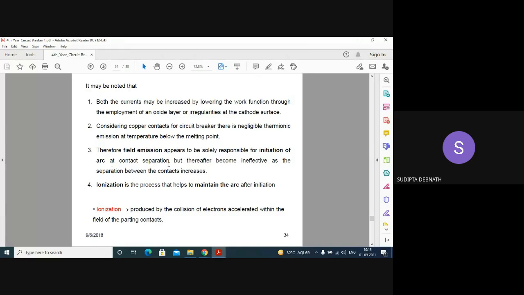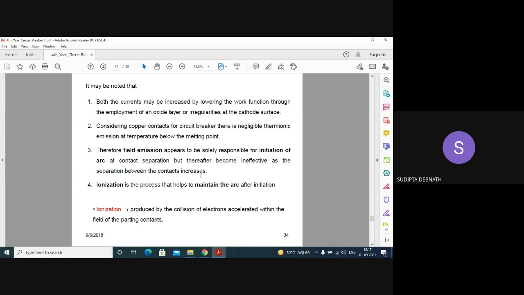So thermionic emission is also a cause, but not a major cause for creation of the arc. Field emission is the real cause. But thereafter it becomes ineffective as the separation between the contacts increases, because the voltage gradient remains maximum when the contact separation is minimum.